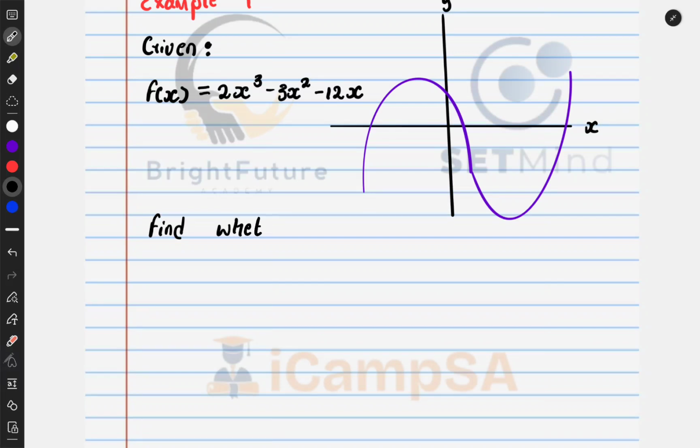whether, and this is function f, by the way, whether f is increasing or decreasing at the following points.